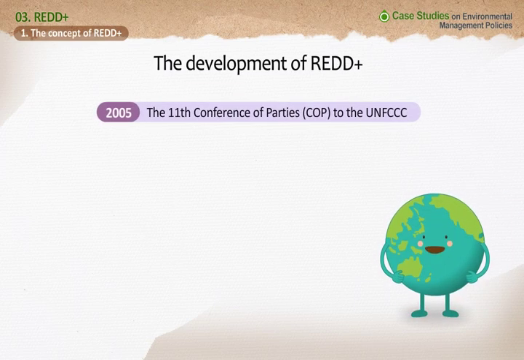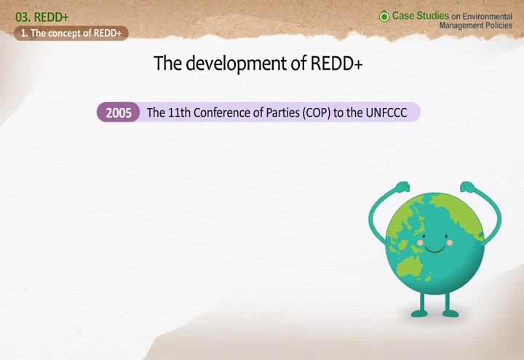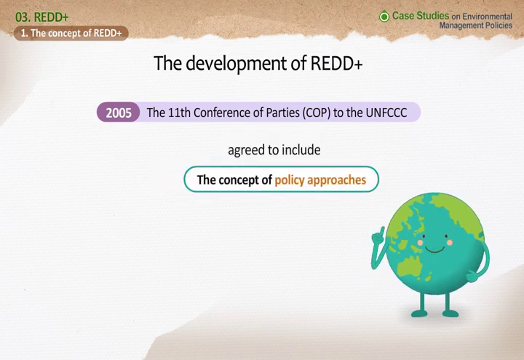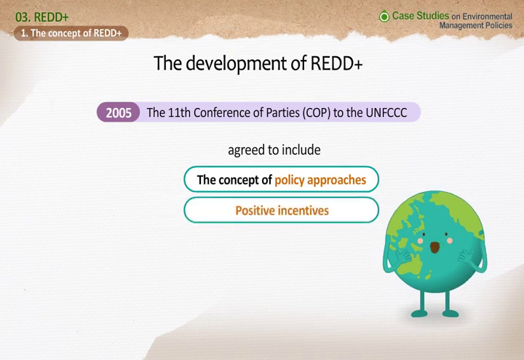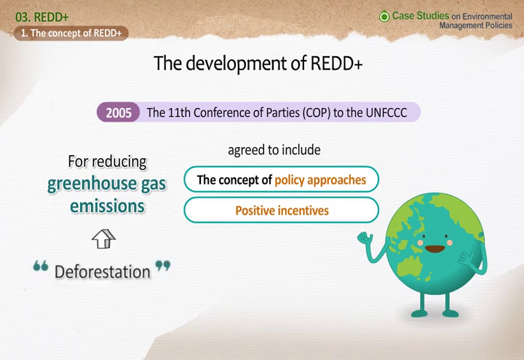The development of REDD+ under the UNFCCC began in 2005 when the 11th Conference of Parties to the UNFCCC agreed to include the concept of policy approaches and positive incentives for reducing greenhouse gas emissions from deforestation and forest degradation on its agenda.